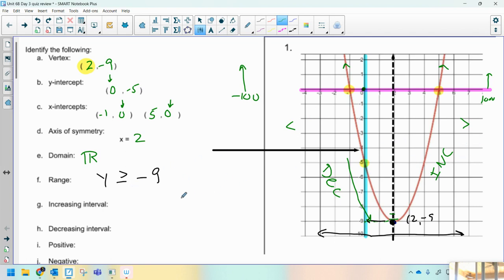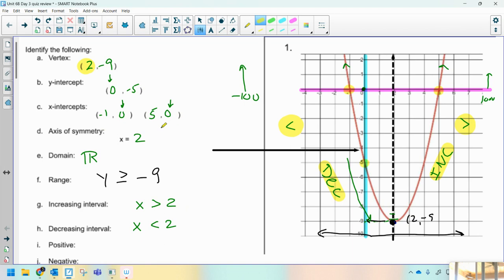So the increasing interval is when it's greater than, and we always say it's increasing when x is greater than whatever our axis of symmetry is. So x is greater than 2 when it's increasing, and x is less than 2 on the side where it was decreasing. Decreasing on the left, increasing on the right. Always use an x, and the number is always going to be our axis of symmetry.